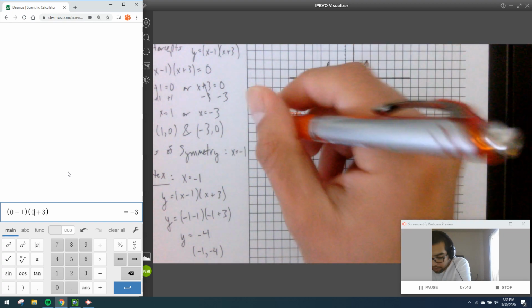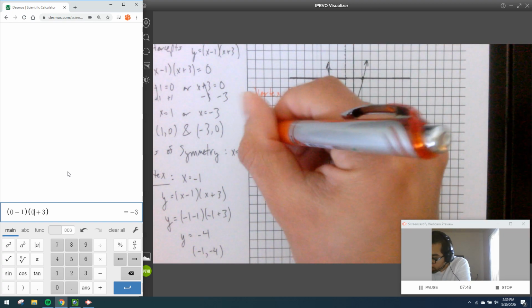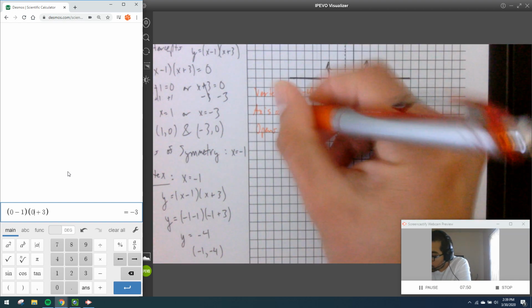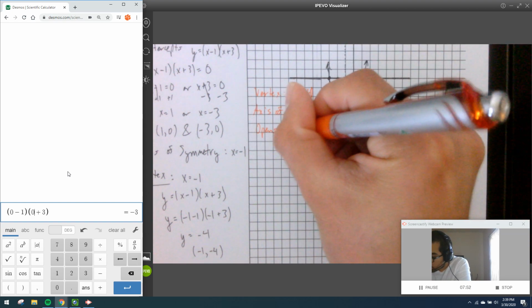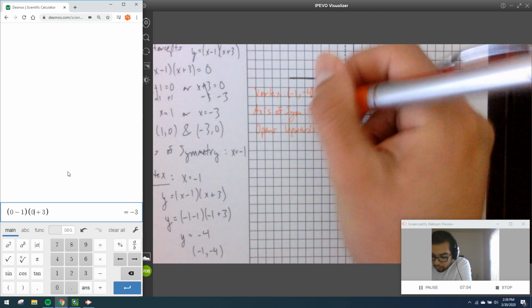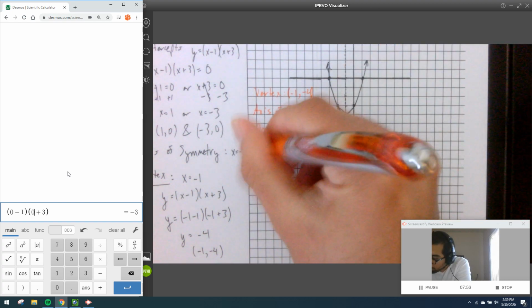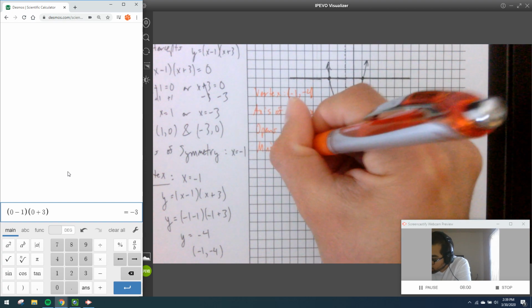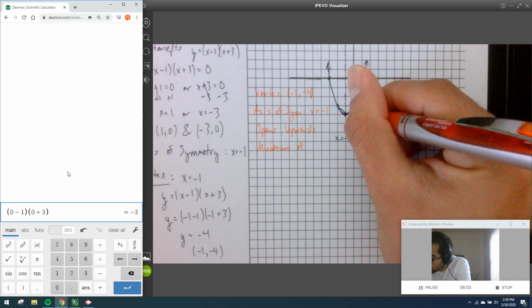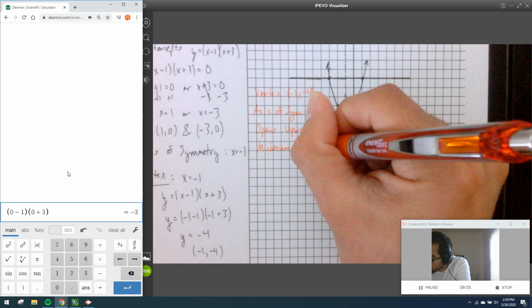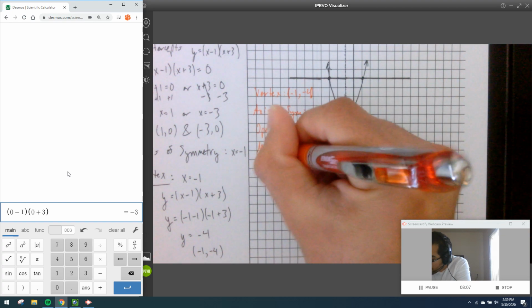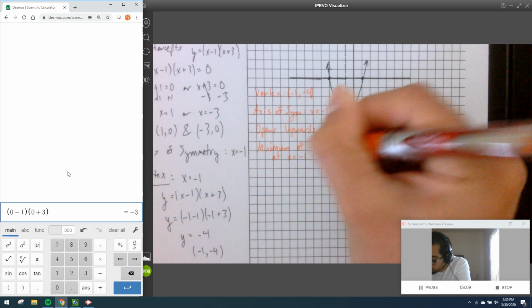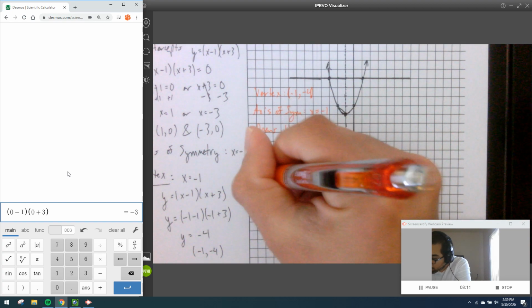Then we have that it opens upwards, right? Okay, opens upwards, and we have a minimum. Since it opens up, we have a minimum of -4 at x equals -1. Okay, and my intercepts.